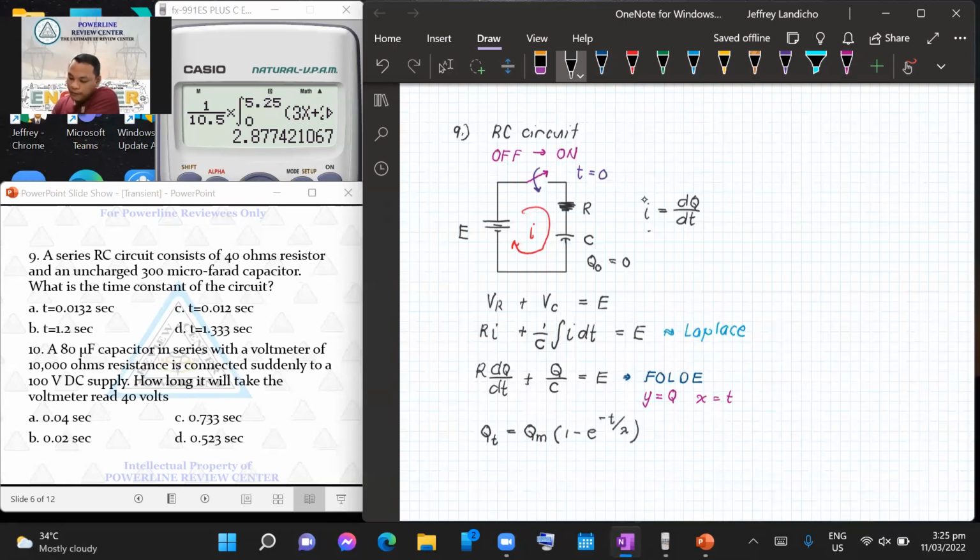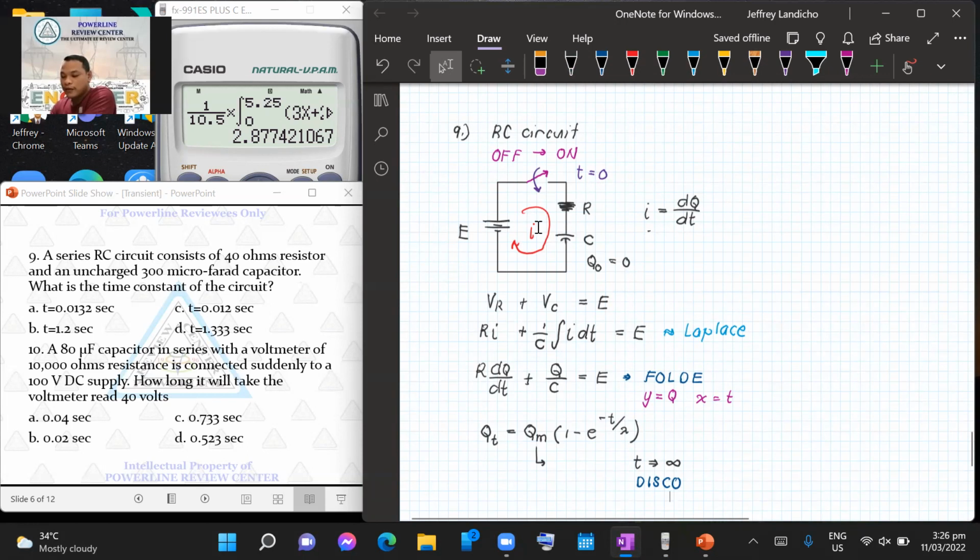Wherein Q sub M represents the maximum charge of the capacitor. Kailan lalabas yung maximum charge na yan? That is at time approaches infinity. So at time approaches infinity, kung babalikan mo, ano nga yung term natin? Disco. Okay? So at time approaches infinity, capacitor is open. So if capacitor is virtually open, pag nagsukat tayo ng voltage dyan, ano magiging value ng voltage drop across capacitor?